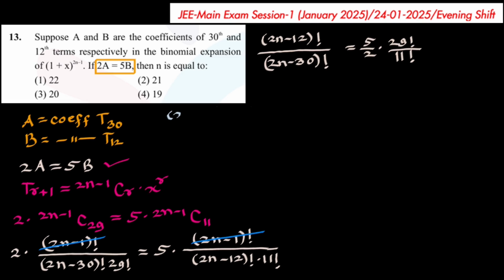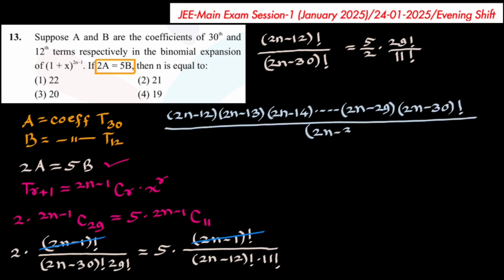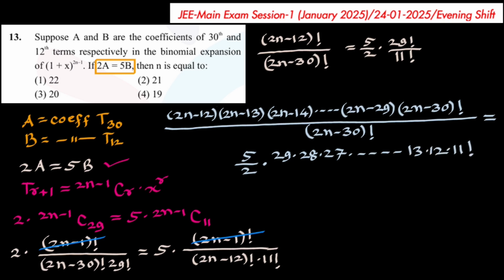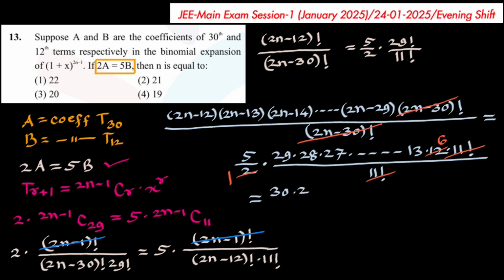This we write 2n minus 12 into 2n minus 13 into 2n minus 14 into so and so forth 2n minus 29 into 2n minus 30 factorial upon 2n minus 30 factorial, which equals 5 upon 2 into 29 into 28 into 27 into so and so forth 13 into 12 into 11 factorial upon 11 factorial. 2n minus 30 factorial cancels, 11 factorial cancels, 2 ones are 2, 6 are 12. So the right hand side becomes 5 6 are 30 into 29 into 28 into so and so forth 13.